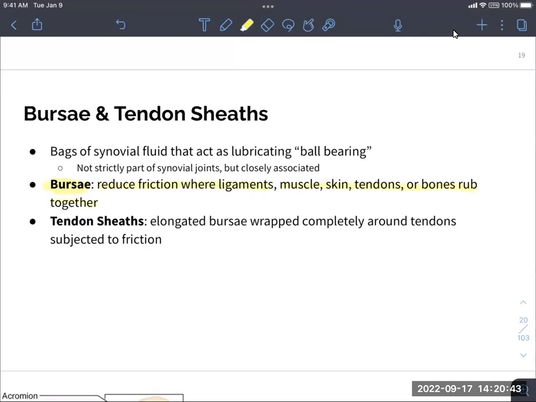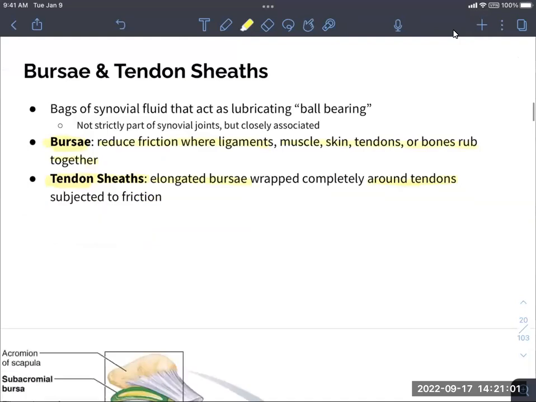There could be a bursa to help kind of protect, let things flow smoothly. We also have tendon sheaths. Those are more elongated bursa that wrap around tendons. Like your shoulder has one.